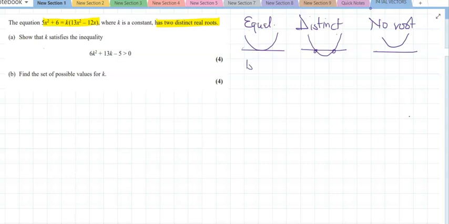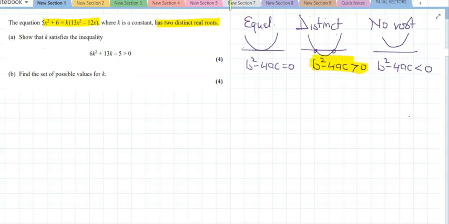The formula for this, you know it very well: b square minus 4ac is 0 for equal roots. For distinct roots, b square minus 4ac is greater than 0, and for no roots, b square minus 4ac is less than 0. So if it is written distinct root, you have to use this formula.